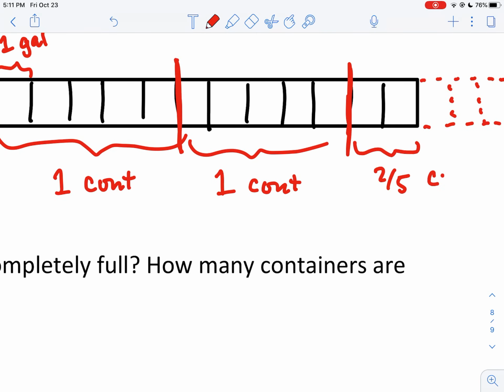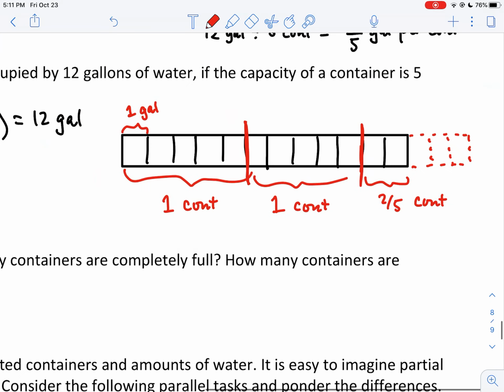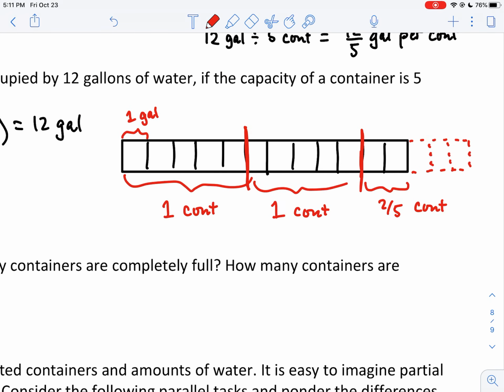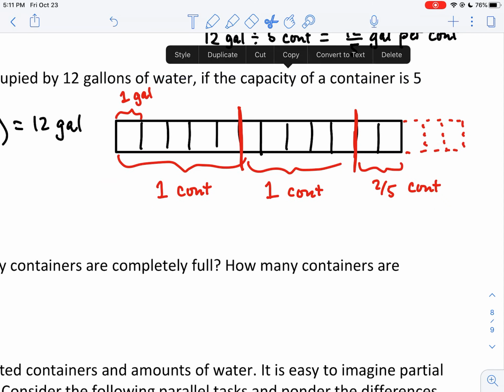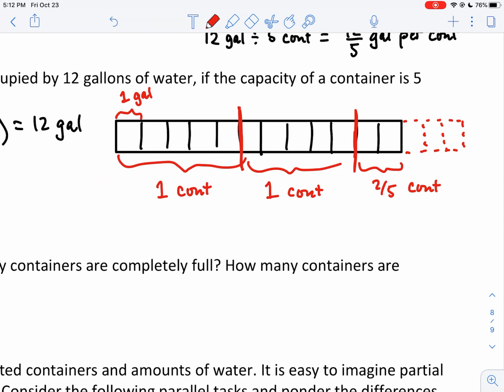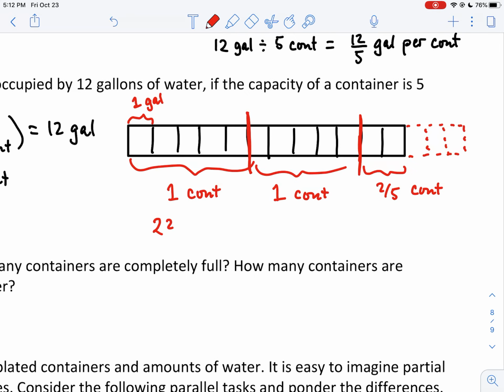I want to say that this here represents 2/5 of another container. So my answer to how many containers are filled is: I have 1 container full, a second container full, and then 2/5 of another container full. So the answer is 2 2/5 containers.